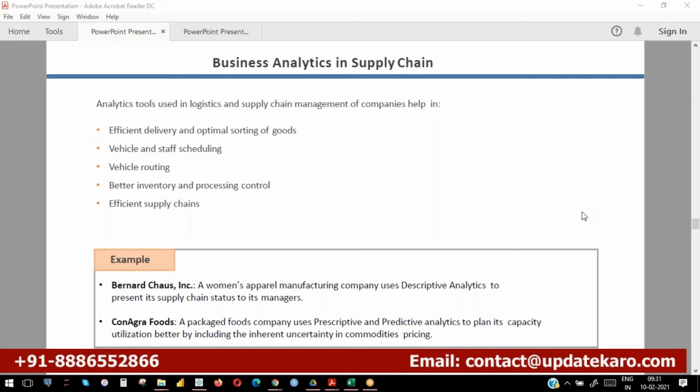When you're talking about the transportation or delivery of goods, these are the common points to be discussed: efficient delivery, optimal sorting of goods, vehicle and staff scheduling, vehicle routing, better inventory and process control, efficient supply chains.